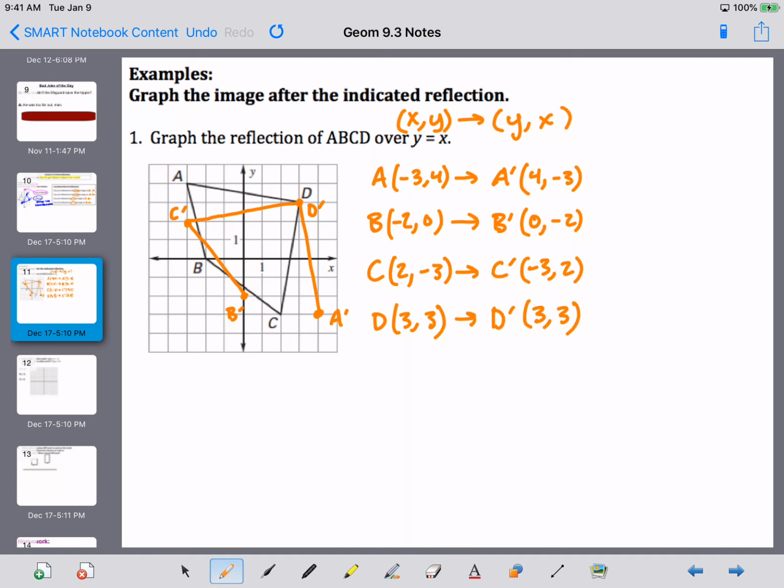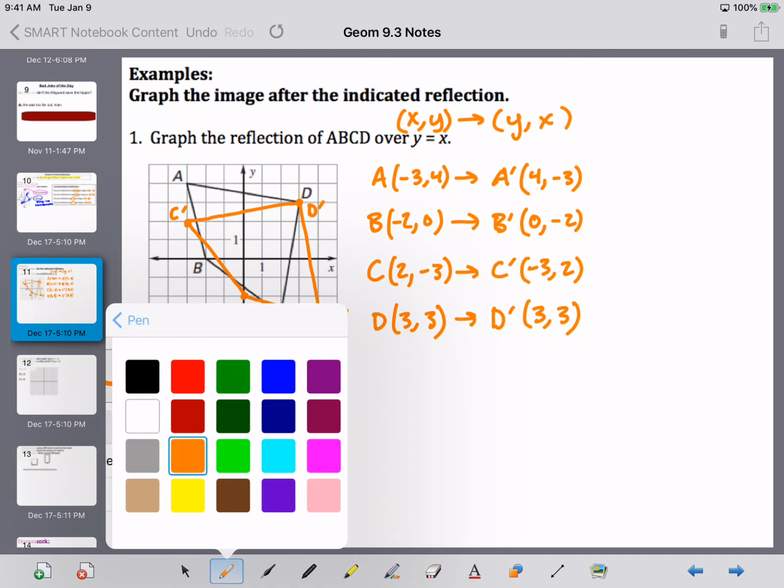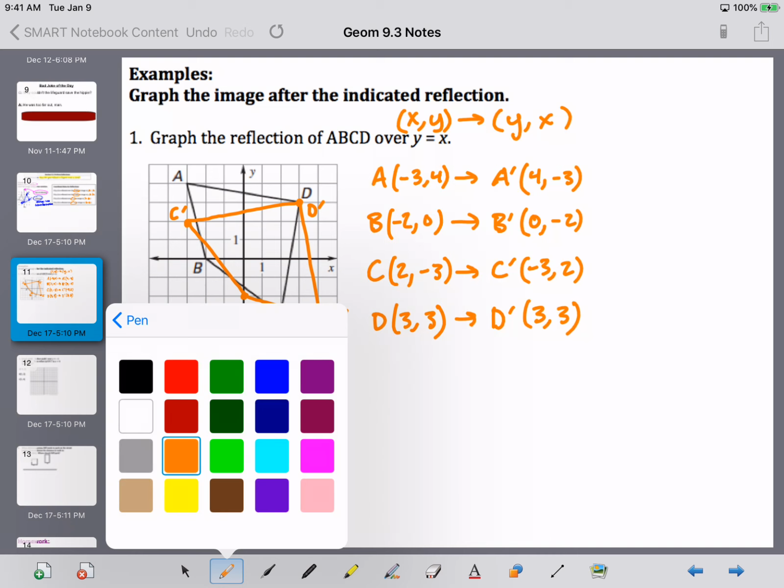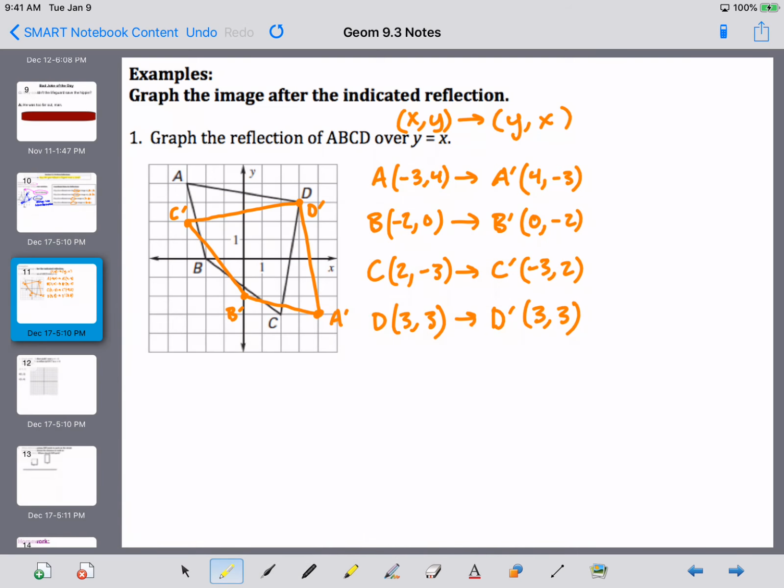All right, so now just to show you what's going on here, the line y equals x is just a line that starts at 0, 0 and has a slope of 1. So that would be this line here. If we draw in the line y equals x right here, you notice that it's kind of a mirror image.